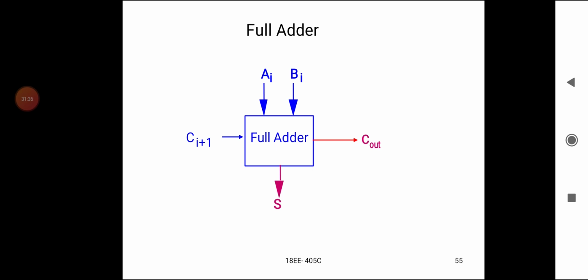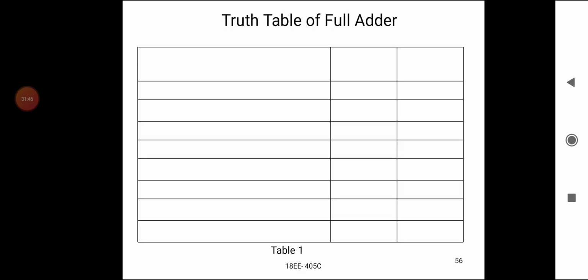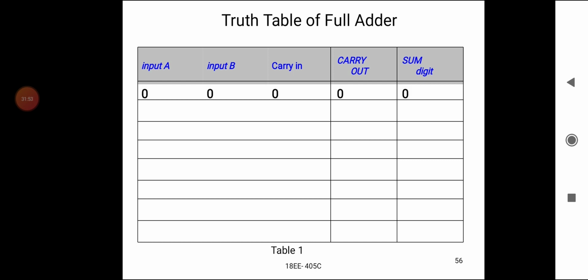It will generate sum S and carry C-out. Block diagram of full adder. The truth table for full adder is shown in the table. The inputs are A, B, and carry in. The outputs are sum digit and carry out.